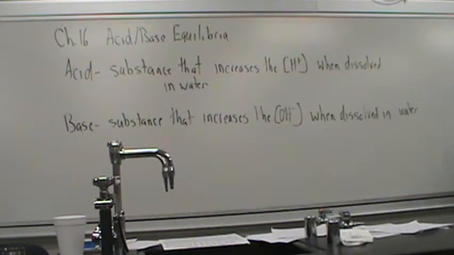Now both of these are under the Arrhenius terminology. Arrhenius was a scientist that lived way back in the old days, and he said an acid does this, a base does that. And for a long time, that's all we knew about acids and bases.